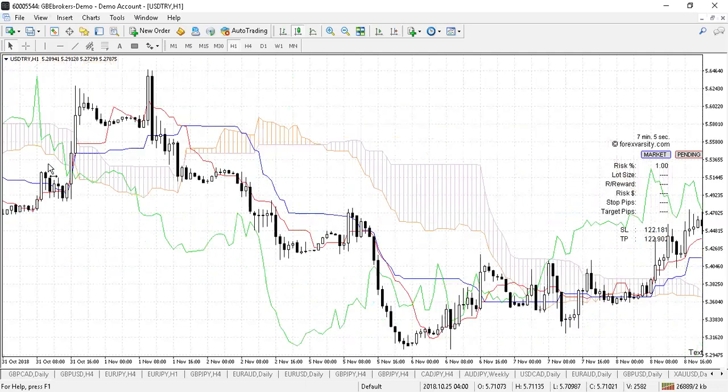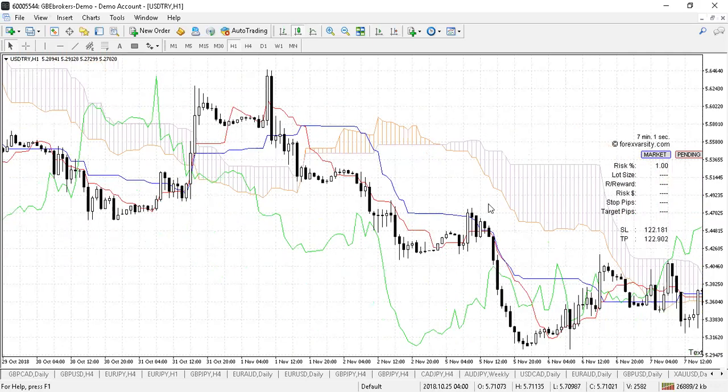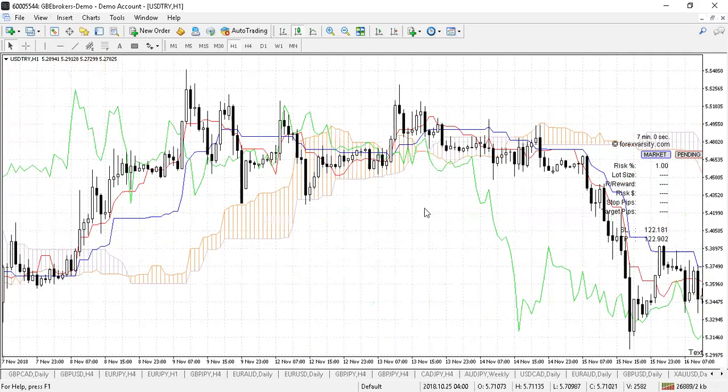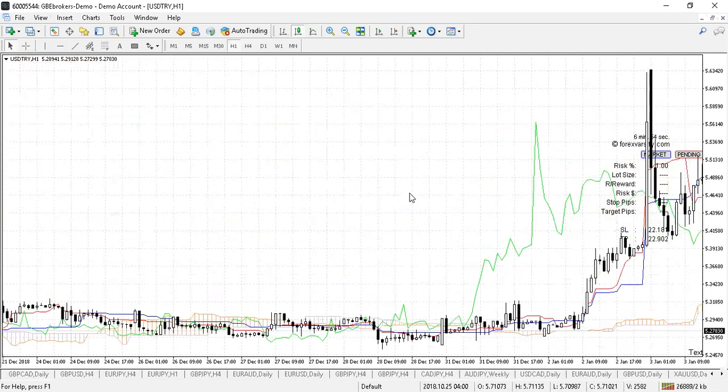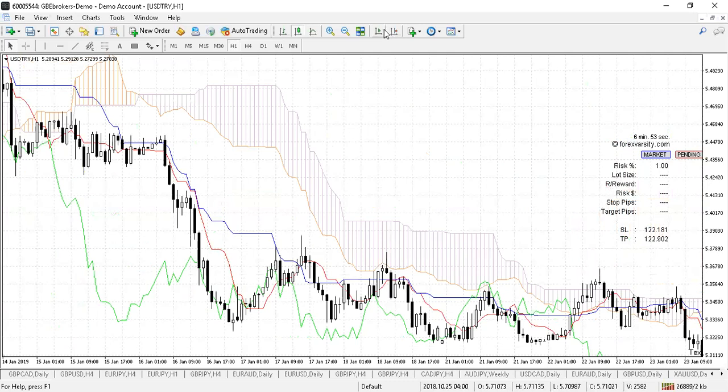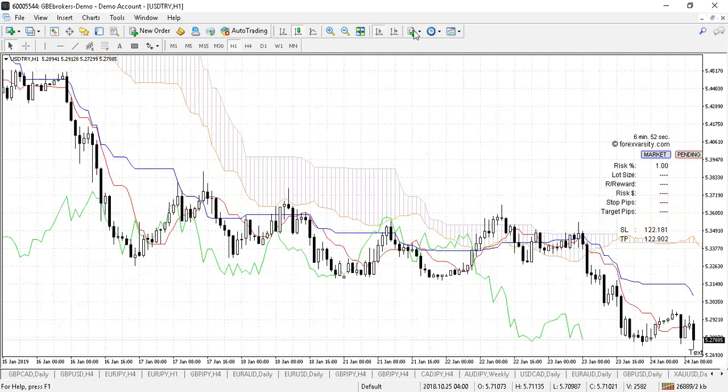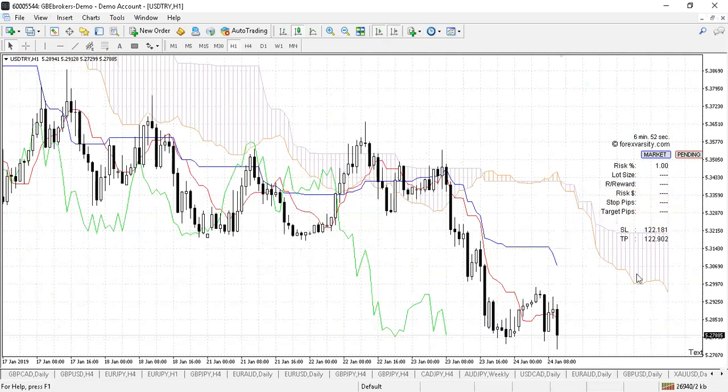So if we take it right back to the start, then you can see this cloud actually happens way in advance. These two ones, as I say, they happen in real time.